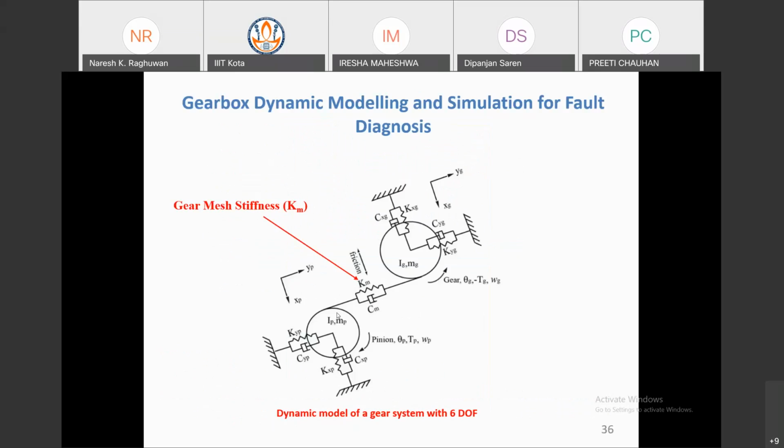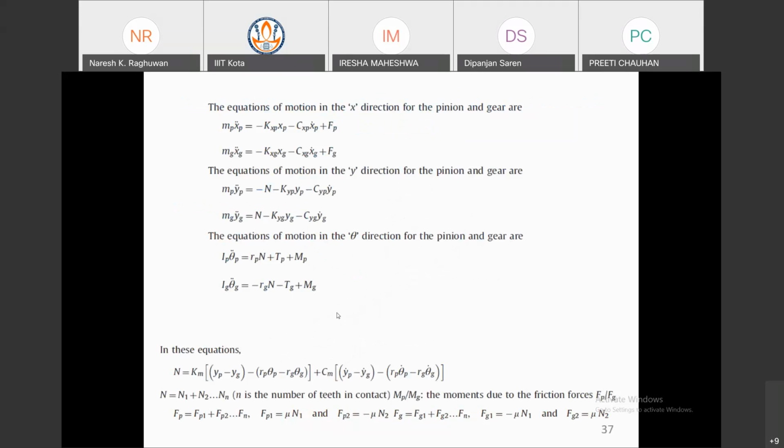Many researchers initially developed the dynamic model and considered the mesh stiffness as an average or some particular value. In the equations, this is Km, so they put a constant value for the mesh stiffness.